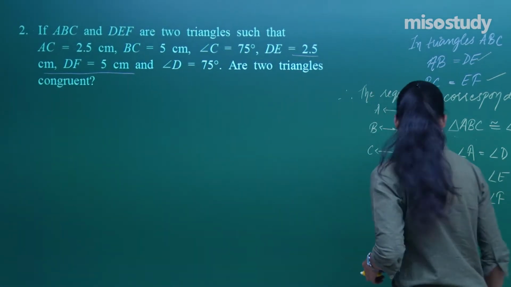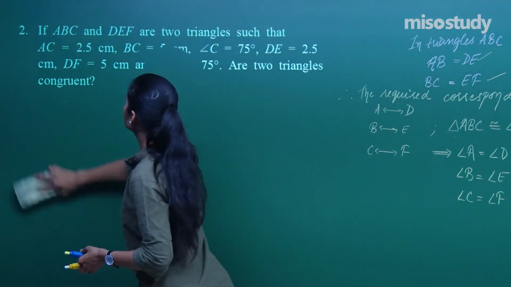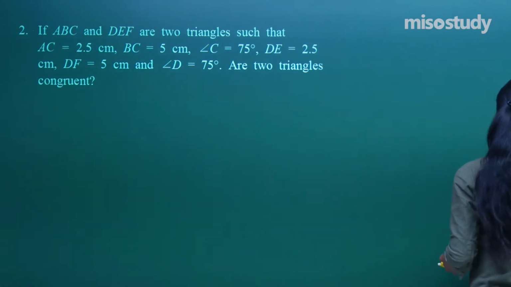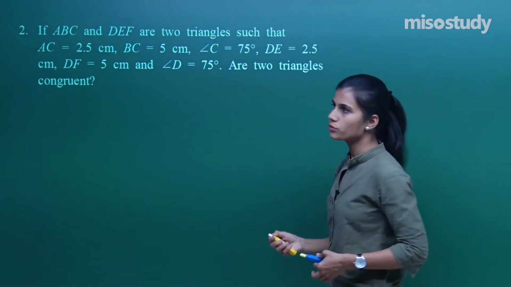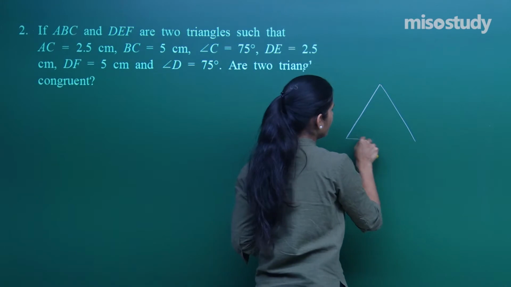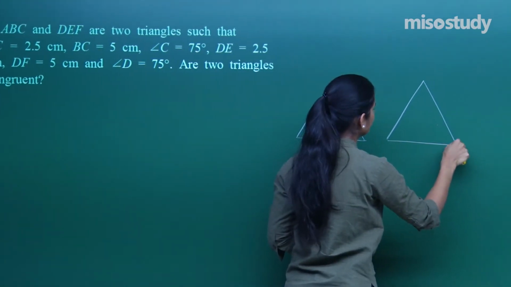We have again two triangles given to us and there are measurements of sides and angles given to you corresponding to the two triangles. You have to answer whether the two triangles are congruent or not. Let's talk about them. Roughly, if this is one triangle, this is another triangle.